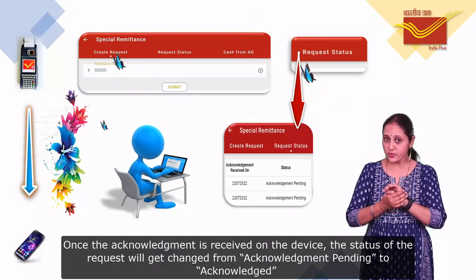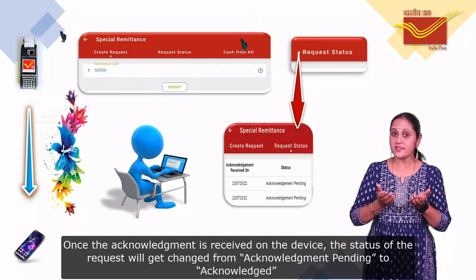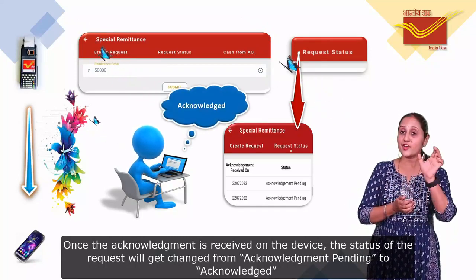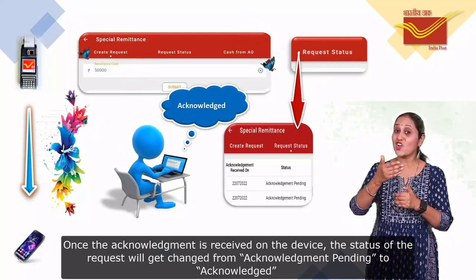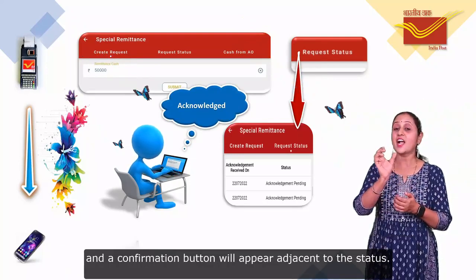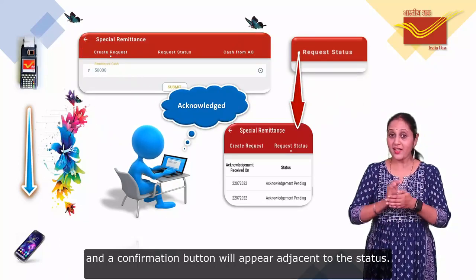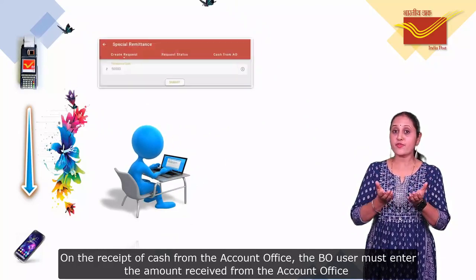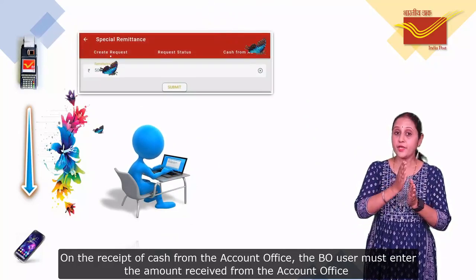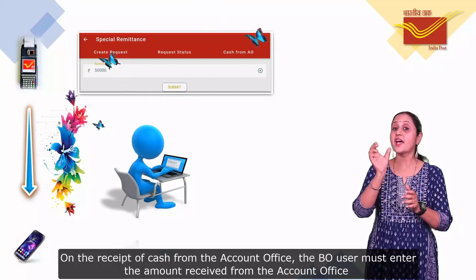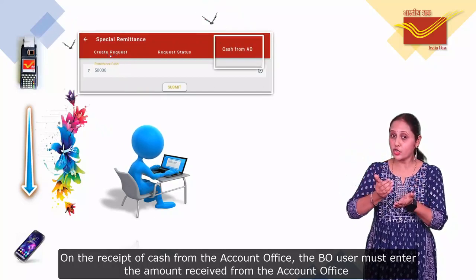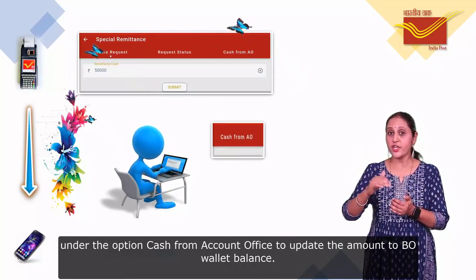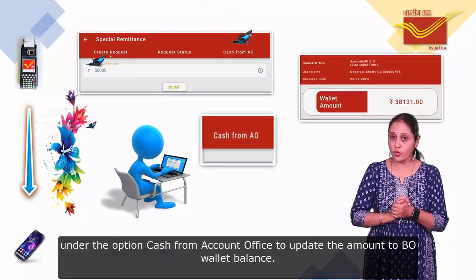Once the acknowledgement is received on the device, the status will change from Acknowledgement Pending to Acknowledged, and a confirmation button will appear adjacent to the status. On the receipt of cash from the account office, the BO user must enter the amount received from the account office under the option Cash from Account Office to update the amount to BO wallet balance.